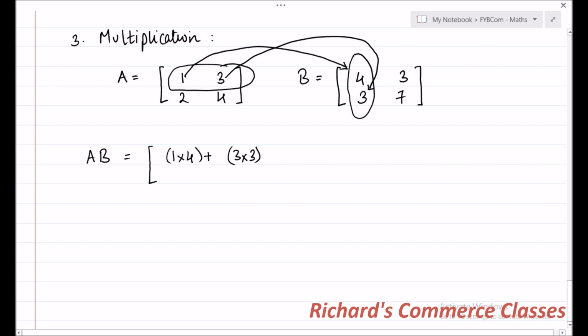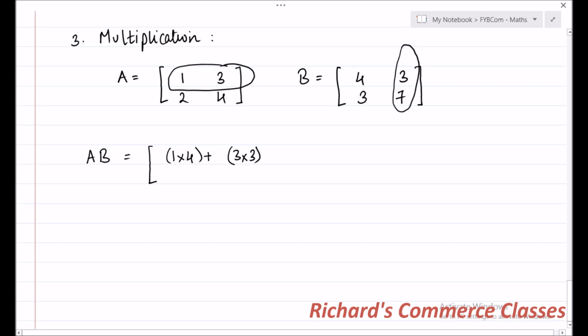Now to move on to the next element, you will take the first row of the first matrix, that is 1 and 3 already selected, and multiply it with the second column of B and do the same thing.